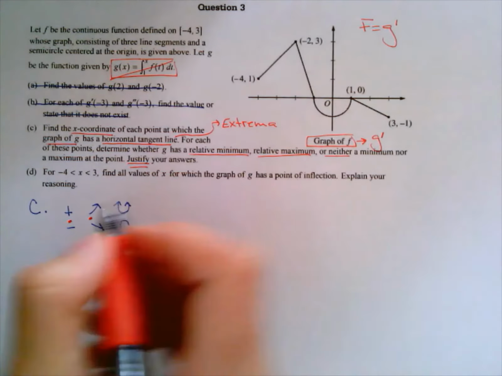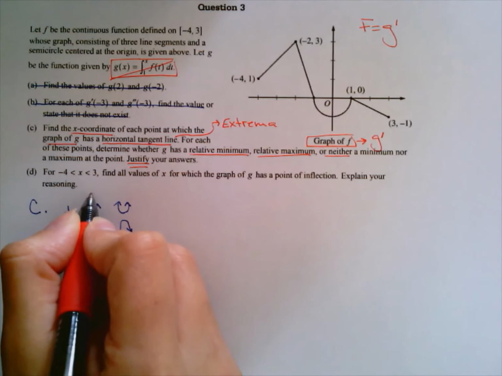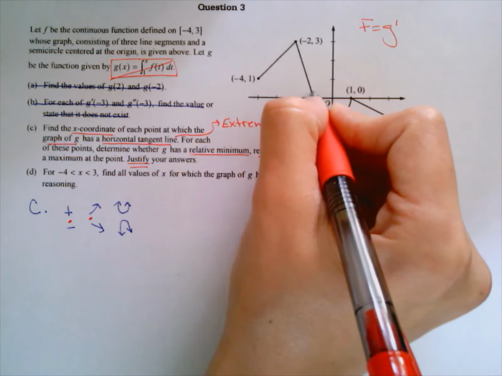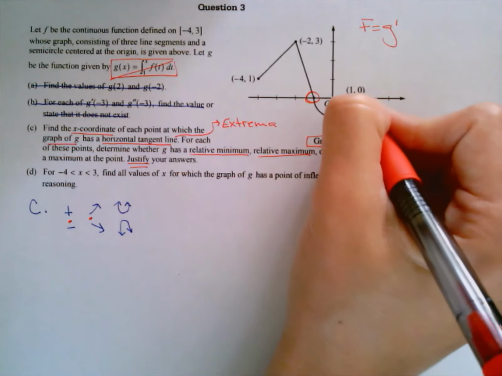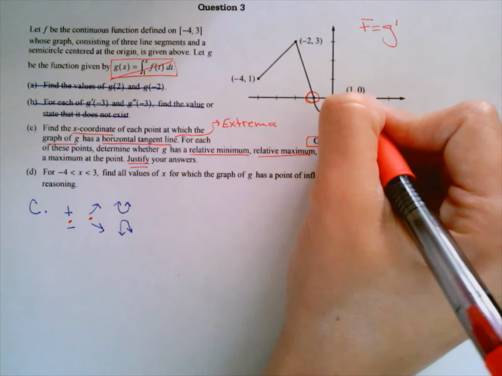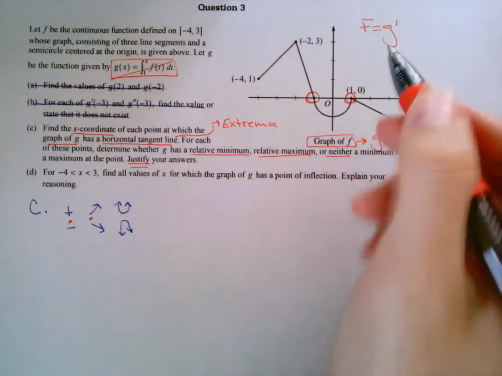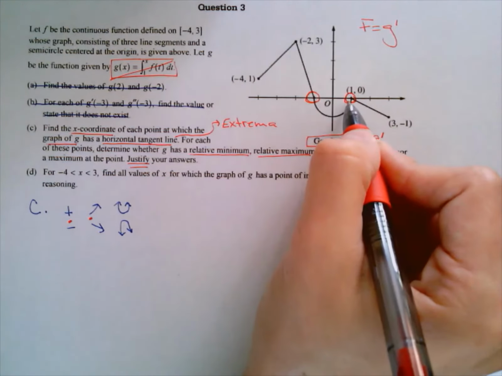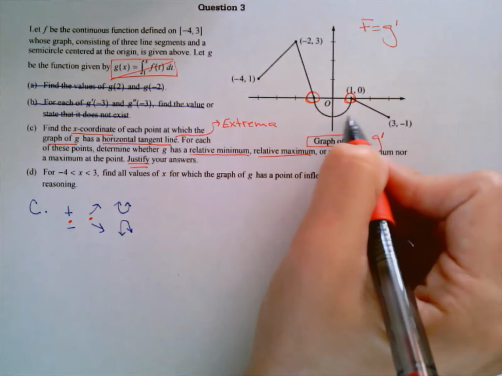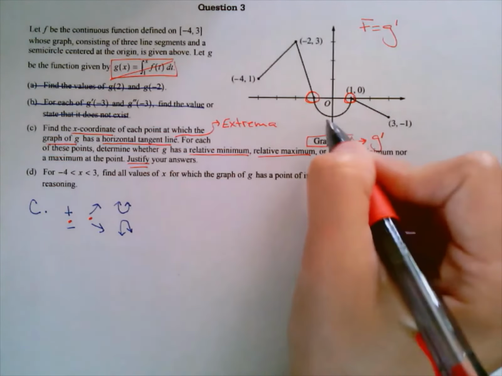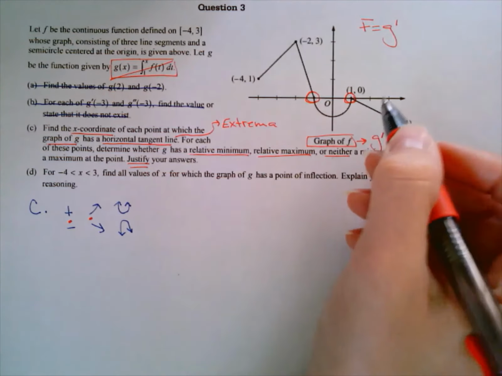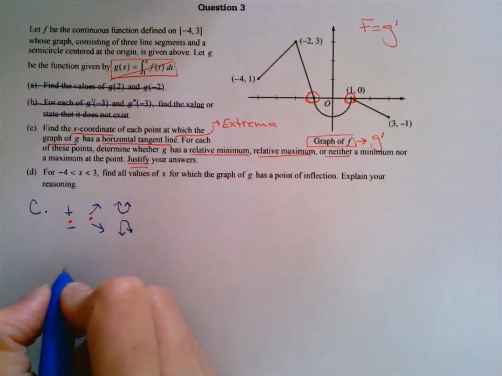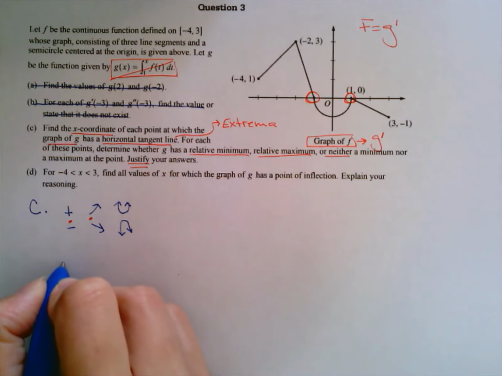So remember, I'm looking at this for G, so I'm going to go back to G prime. This is a graph of G prime. And I'm going to look for where I switch from above to below and vice versa. Okay? Switching from above to below would be x-intercepts. Okay? So although this one doesn't switch from above to below, it's this scenario of a neither where it hit the x-axis, but it didn't switch. So if you would have been solving this by hand, with an equation, you would have had that number line.